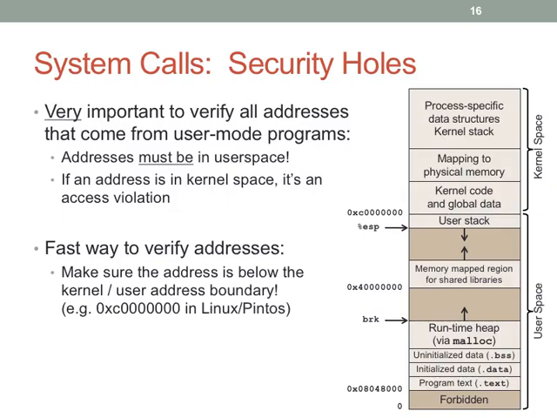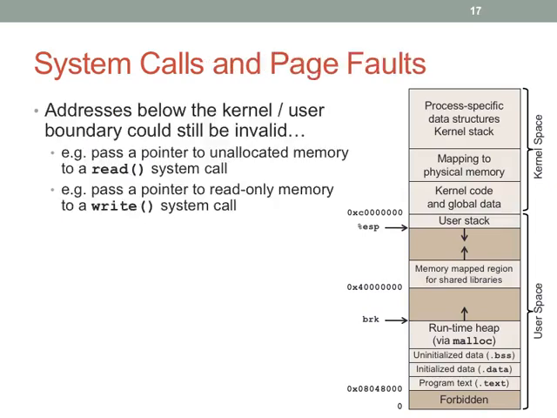That check all by itself will keep the kernel a lot safer. You also need to check that certain places in the user space that the thing should write to either don't get written, like the program text or the forbidden zone. I'll talk about that a little bit.